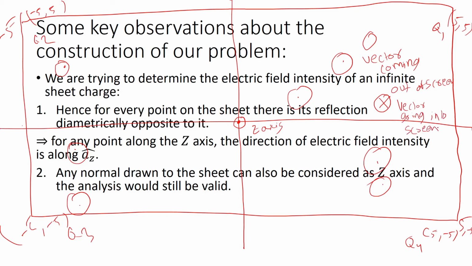I have assumed that you know this, and then I have drawn a vector which is coming out of the screen from here, and I have told you that this is the z-axis. These are all normals, but there can be only one z-axis, because the z-axis should be at the center of the xy reference plane, right?